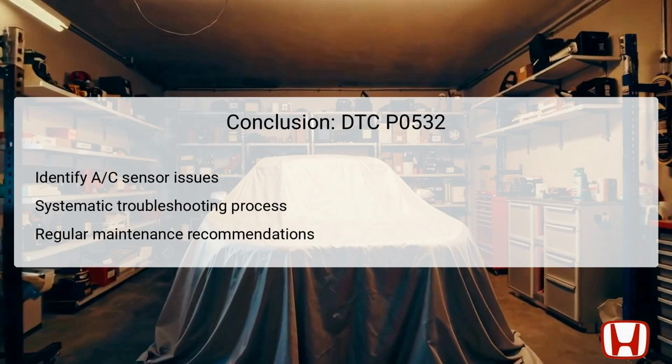Whether addressing faulty sensors, loose connections, or wiring issues, each step provides critical insights into maintaining the vehicle's air conditioning performance. Regular maintenance practices, including thorough inspections and proper refrigerant management, can significantly reduce the risk of P0532 and enhance the overall functionality of the AC system.